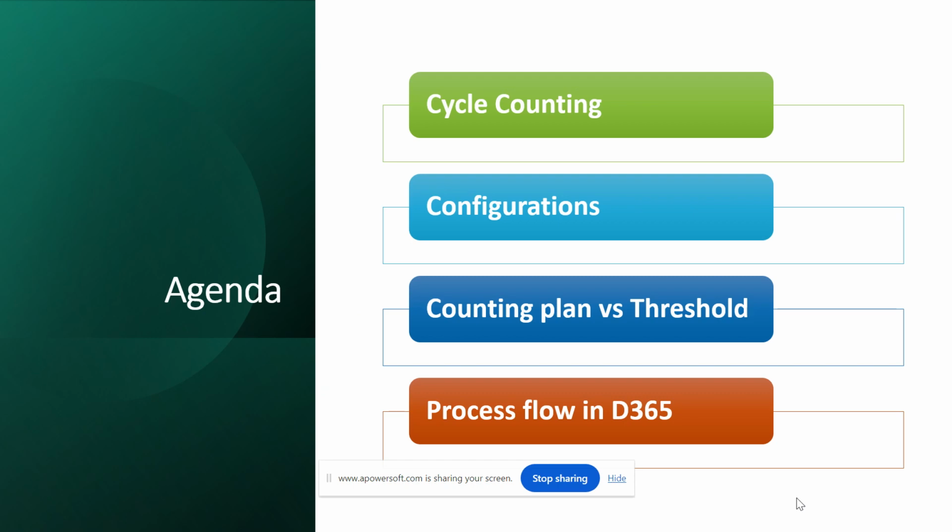In cycle counting, we can create a counting based on the counting plan, where a batch job can be configured, or you can also create it by using a counting threshold, where you predefine a threshold limit based on which you expect the system to generate a counting work. So basically either way you can generate a counting work, and we will also see the overall process flow in Dynamics 365. That's the quick agenda for today's session.